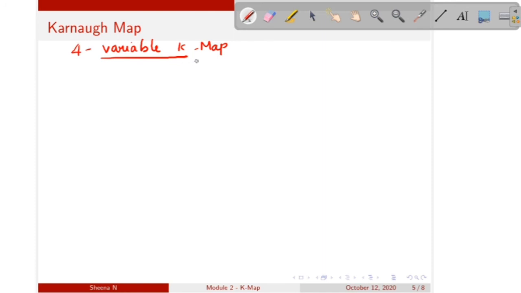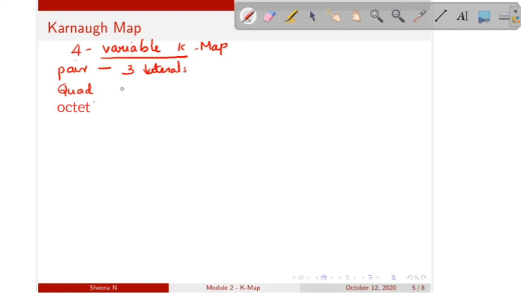In the case of a 4 variable K-map, we have 16 minterms. So we can pair them, that means a group of 2 members, or a quad, group of 4 members, or an octet, that means group of 8 members. In a 4 variable K-map, when you pair them, 1 variable is cancelled, so the expression contains only 3 literals.